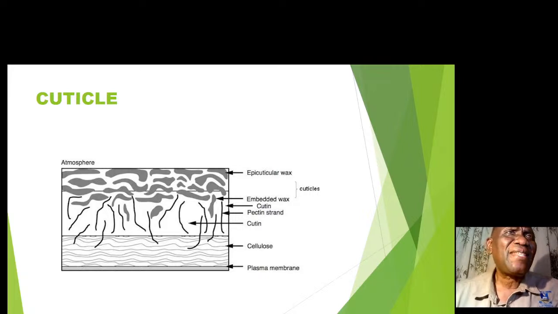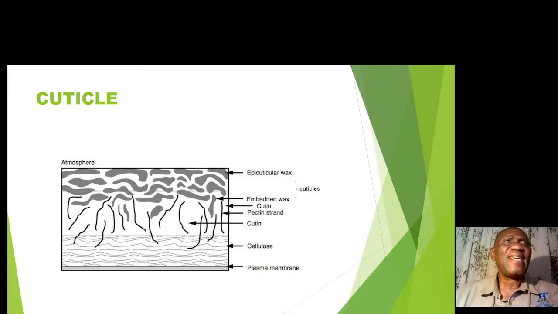We also have the embedded wax, the cutin, the pectin strand shown by those arrows. Then we have what we call the cuticle proper, which involves all these other parts. Below we've got the cellulose, then the plasma membrane.